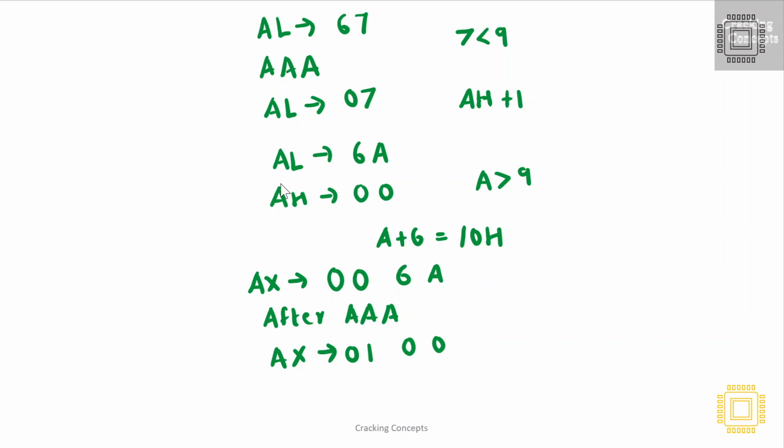Taking another case, if the value of AL is 6A, where A is greater than 9, what we'll do is, we'll add 6 with A, which gives us 16. This is its hexadecimal equivalent.